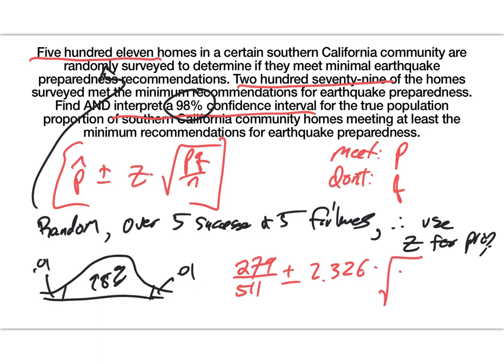So my P will be 0.5. And then 1 minus P, which is Q, is also 0.5. And then divided by 511, because that's how many I sampled. Plugging those in, punching your calculator keys, ta-da, it gives you a result.